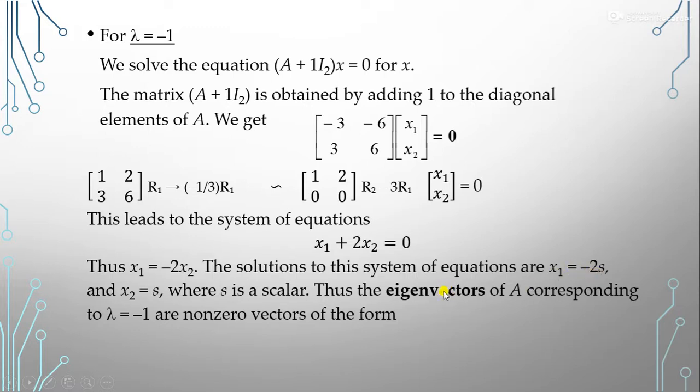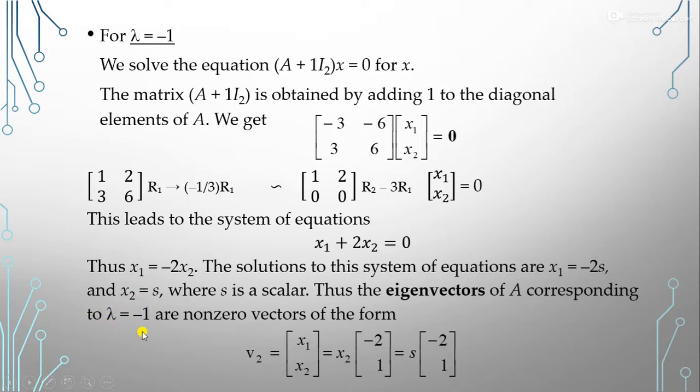So now the eigenvector of the matrix A corresponding to lambda equal to minus 1, we say, is eigenvector v2. This is minus 2, 1, because our x1 is minus 2s and x2 is s. So we take s common, and now our eigenvector is minus 2, 1. This is our eigenvector corresponding to the eigenvalue minus 1.